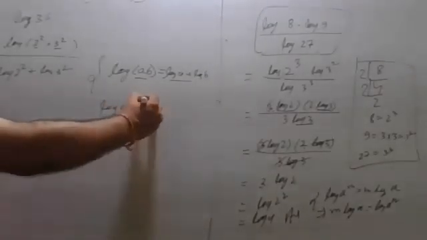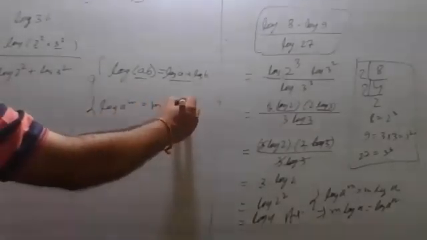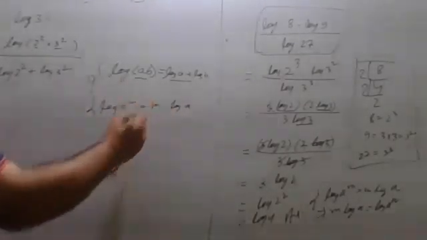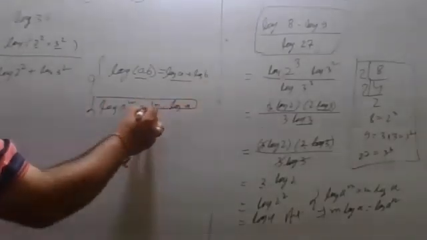Log a to the power n equals n into log a. This is the formula. So use this formula in this line. Yes sir. The two log 2, only 2 log.